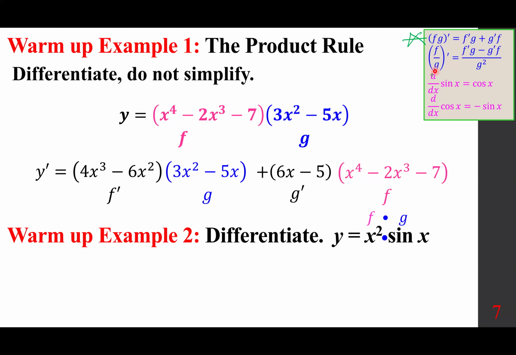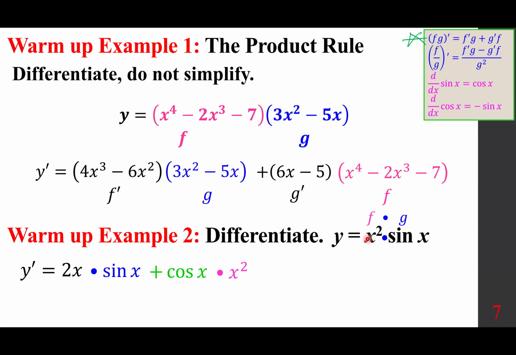F prime is 2x times the g, sine x, plus g prime, the derivative of sine x, which is cosine x, times f, the first function, x squared.